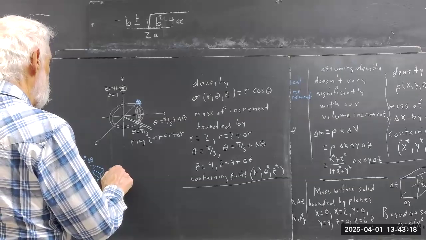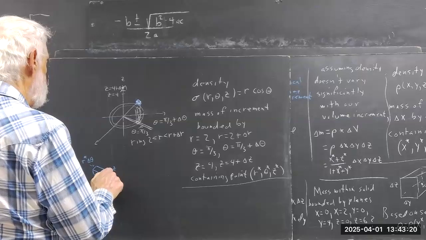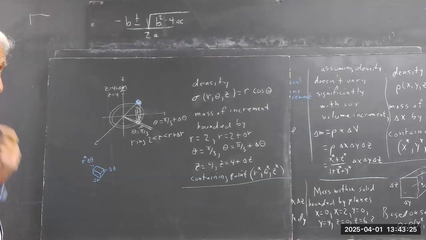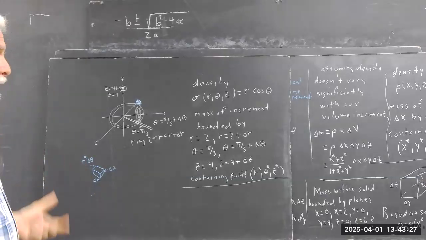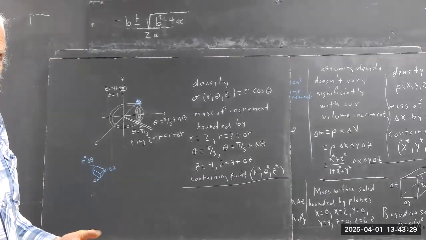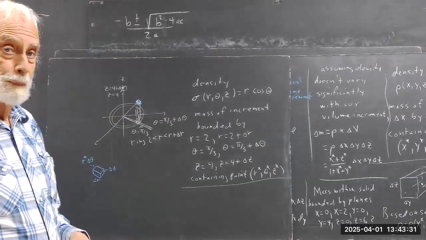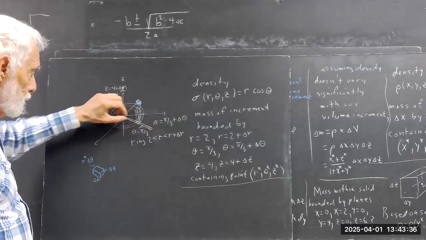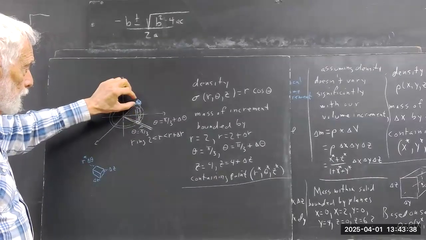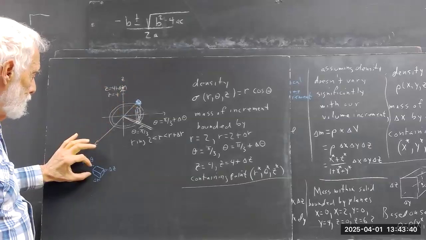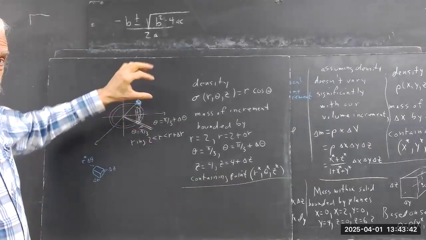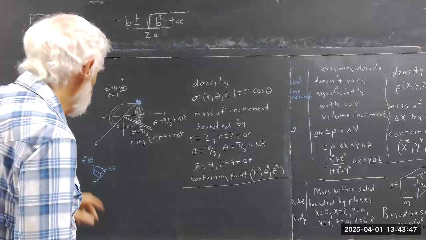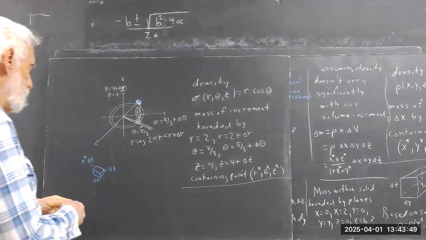This one's going to be delta Z. Now, why is this R star delta theta? For the same reason it was R star delta theta in polar coordinates. That's the dimensions of this little rectangle, okay? You bring it up here and make it into a three-dimensional solid by adding a delta Z. It still has the same area of the base.